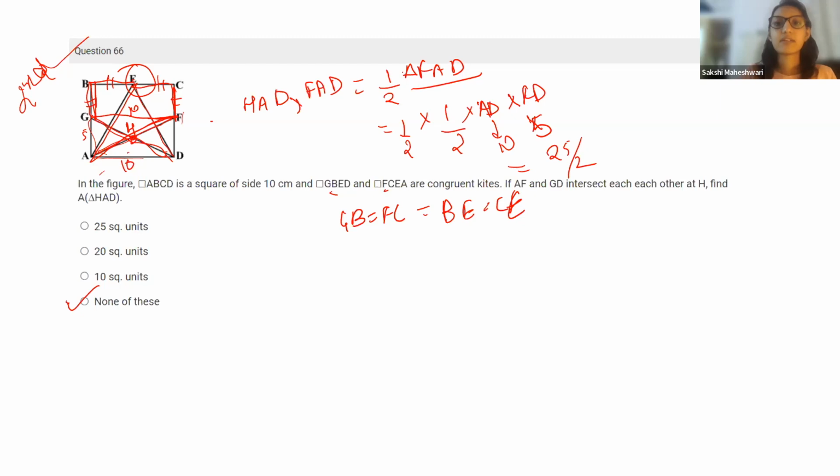Just don't waste more than 3 minutes, and make sure that you have gone through all the questions, so you know in the next round what you need to pick and what you need to skip directly. For example, the first question, we understood in the first round that it has to be the last round question. After we solve the second round questions, then we'll pick it up. So you don't waste time on that question in the next round also.